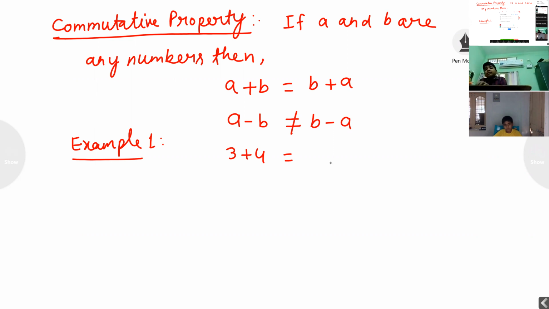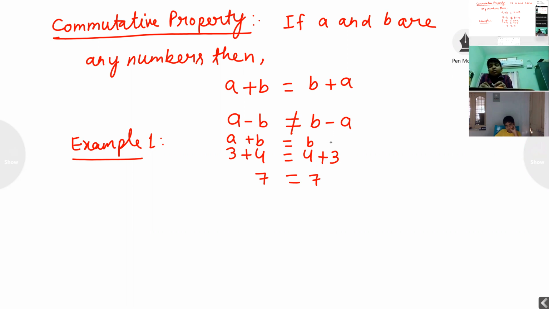Now 3 plus 4, what will come? Yes, 3 plus 4 is 7, and 7 is equal to 7. Yes, in this question we are applying A plus B is equal to B plus A.